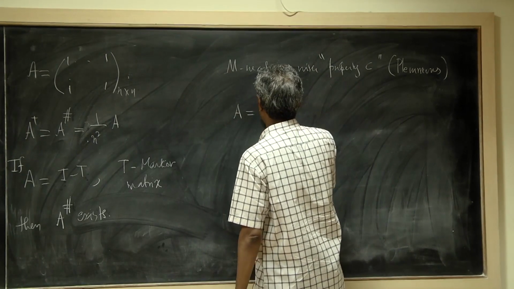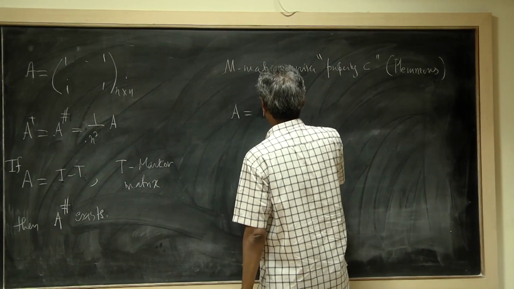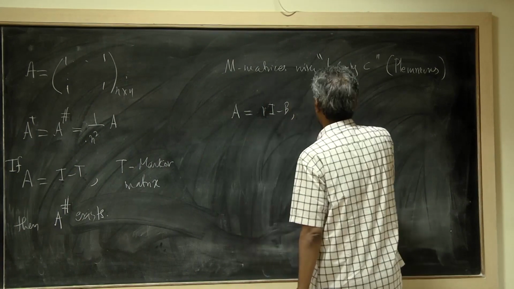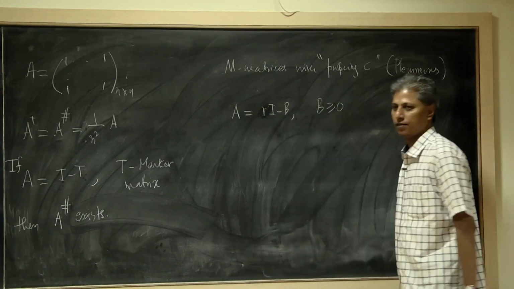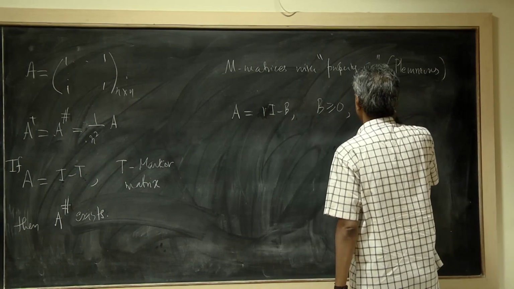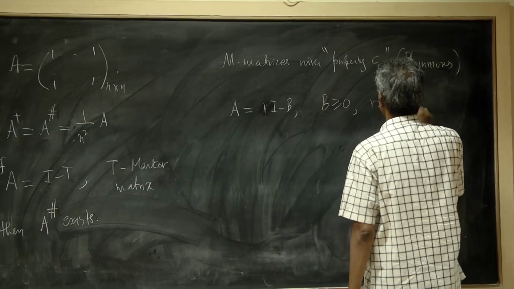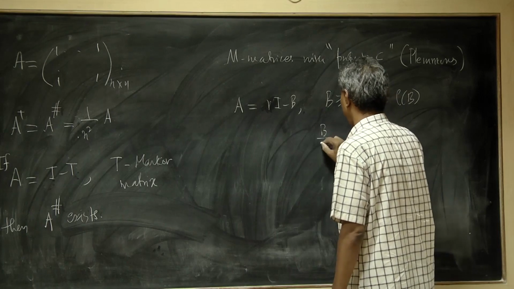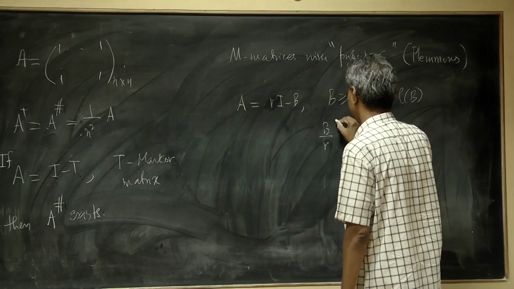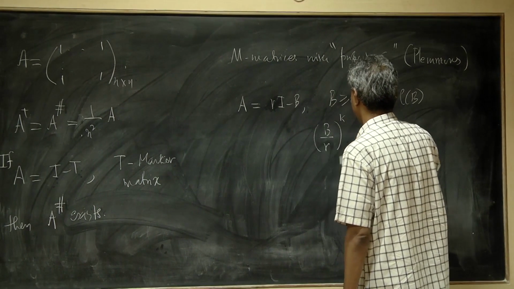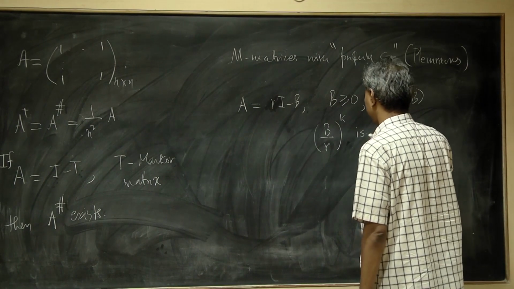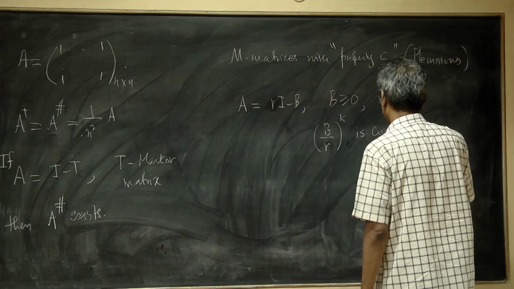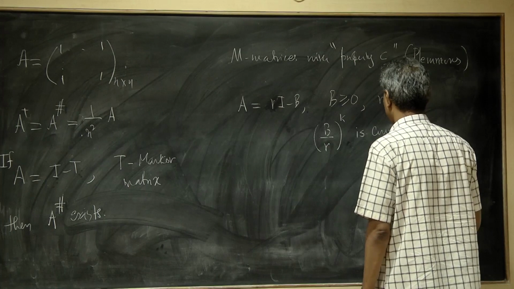A equal to, let's write, RI minus B. B is non-negative. R is equal to the spectral radius of B, and B by R is semi-convergent.